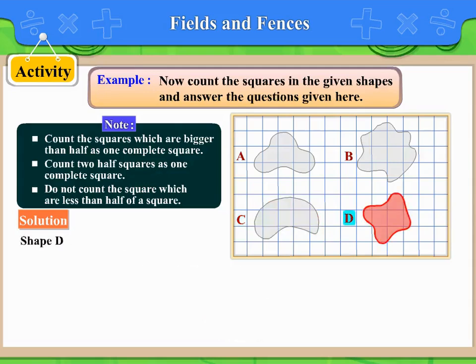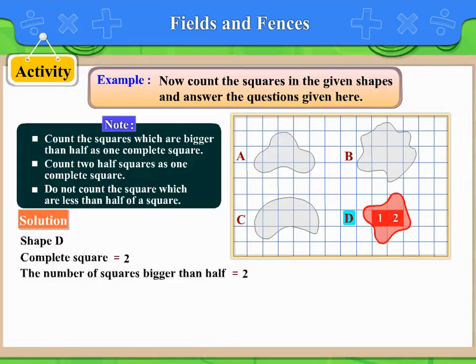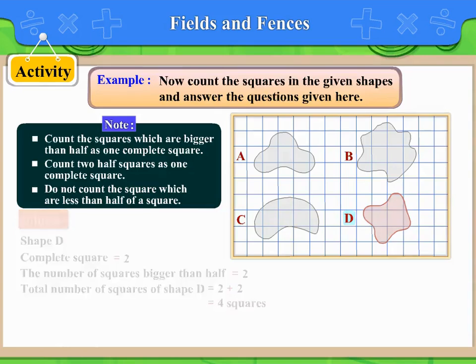Shape D. In this shape, there are 2 complete squares and 2 squares bigger than half. So, the total number of squares in shape D is 2 plus 2, which is equal to 4.